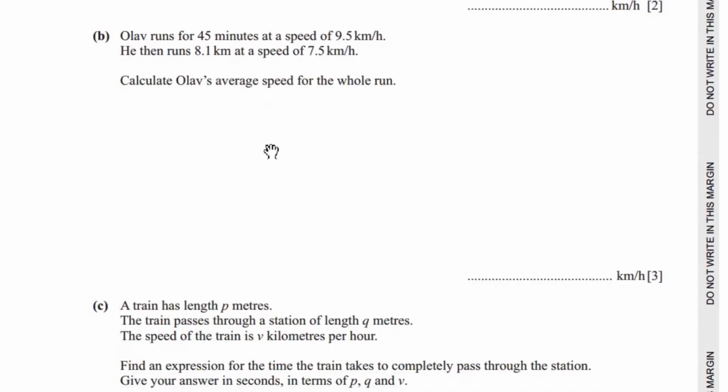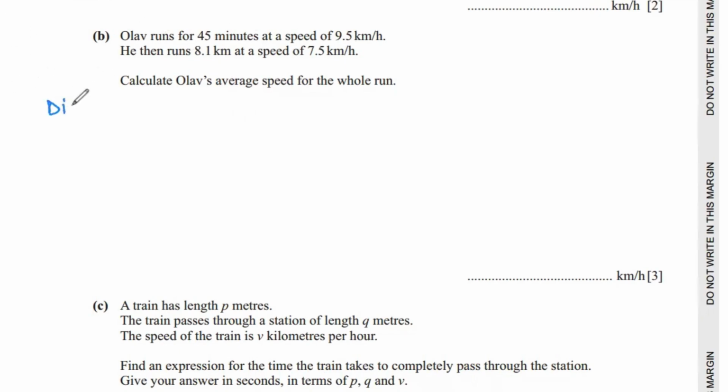Then it says Olaf runs for 45 minutes at a speed of 9.5 kilometers per hour. He then runs 8.1 kilometers at a speed of 7.5 kilometers per hour. Calculate Olaf's average speed for the whole journey. So first, let's find the distance for the first part.